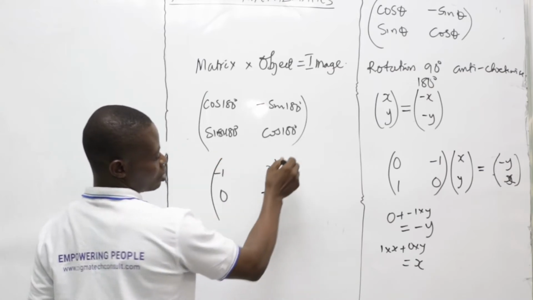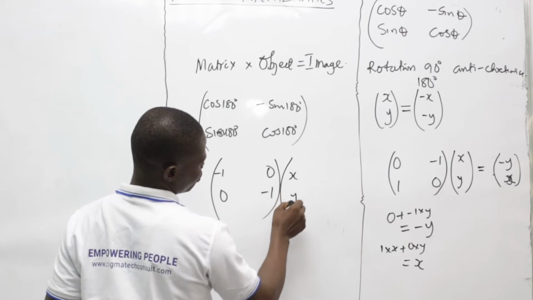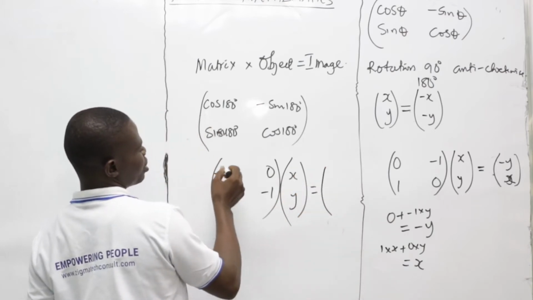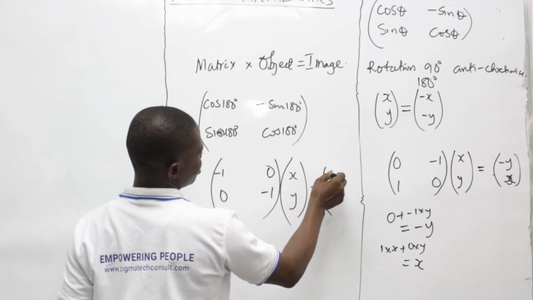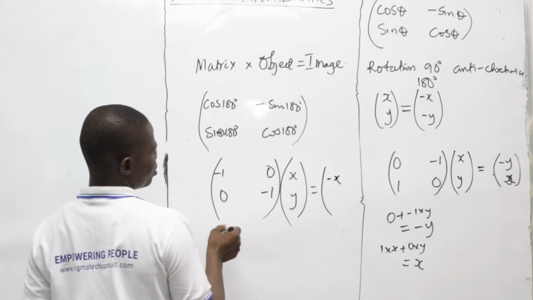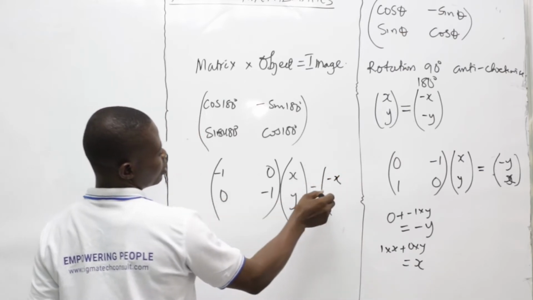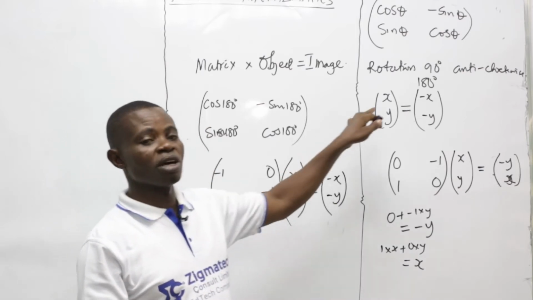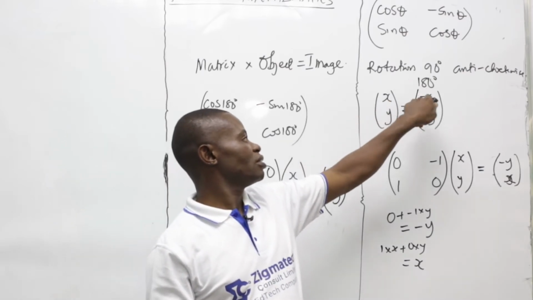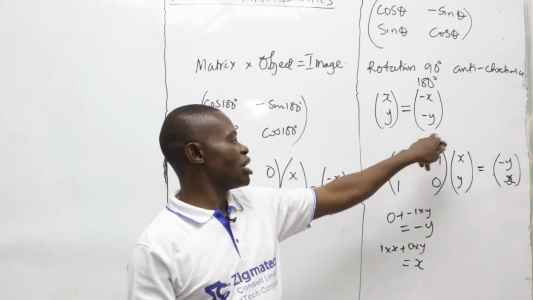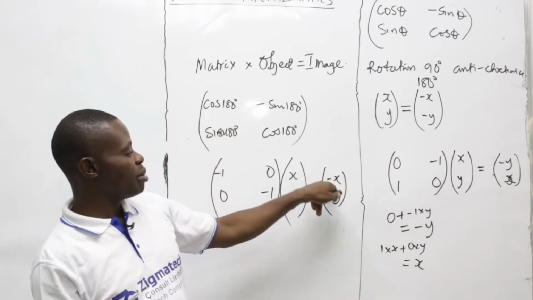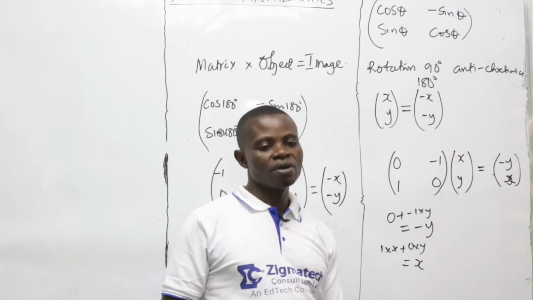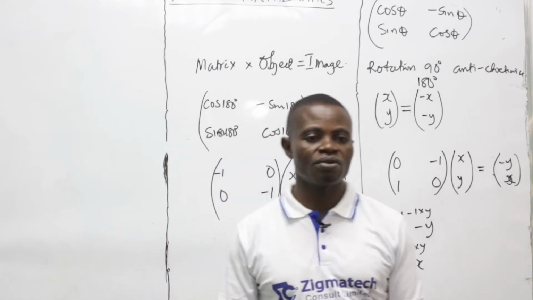This is our matrix, multiplied by object x, y equals image. This time, this is minus x, you have it. Then this is minus y. Can you trace back, please, the solution or the formula for 180 degrees? Can you see that? Minus x, minus y. What do I see here? Minus x, minus y, meaning the proof confirmed that it is what?